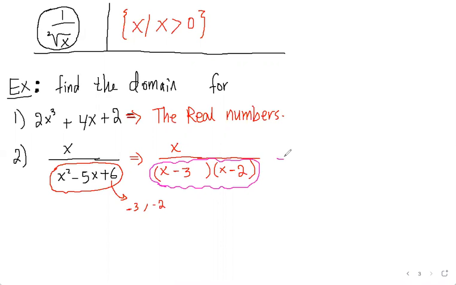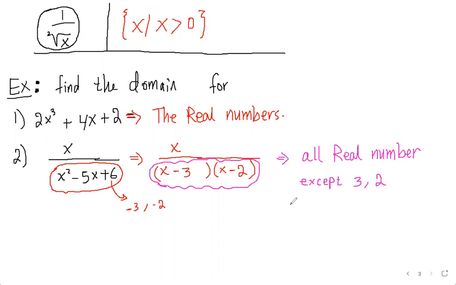So this means I can plug any numbers, all real numbers, except the zeros of the denominator. What are the zeros of the denominator? It's 3, because if I plug the number 3, it gives me 0, and number 2, if I plug 2, it gives me 0. Except 3 and except 2.